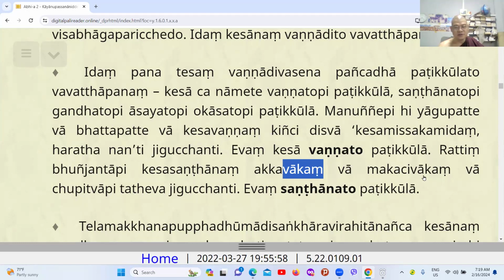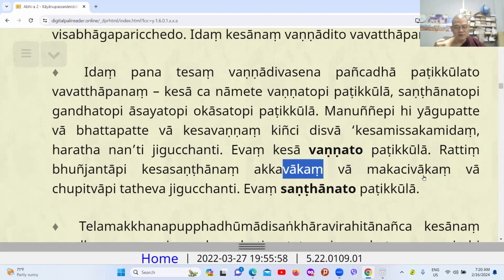Even though you don't see, where you are taking the meal at night, you touch something like a head hair. Now you touch the fiber of the plants, just like head hair, so you feel very disgusted. You think it is head hair. Santana, the form of the head hair, is also disgusting.